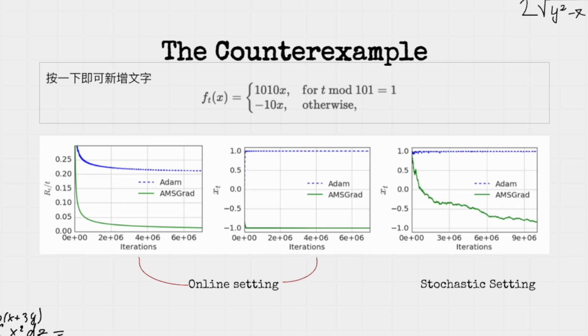The left two figures are for the online setting, while the right is for the stochastic setting. The y-axis of the two figures on the right is the value of xt, which is the solution that gives the minimum regret, and obviously the value is negative 1. But from the figure we observe that AMSGrad converges to negative 1 almost immediately, while Adam sticks to the value of 1.